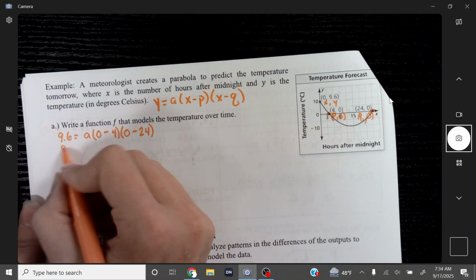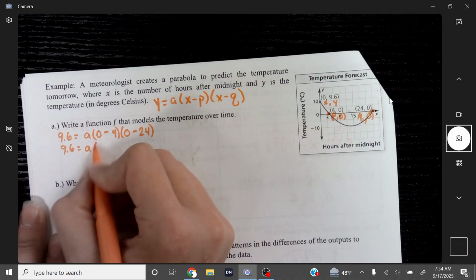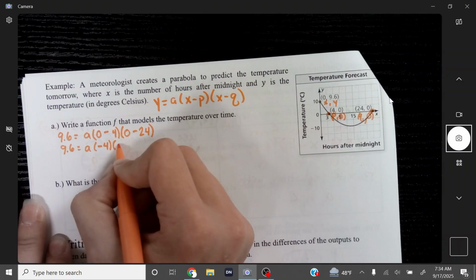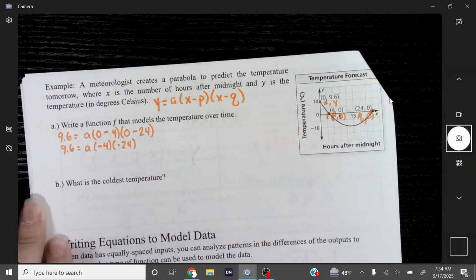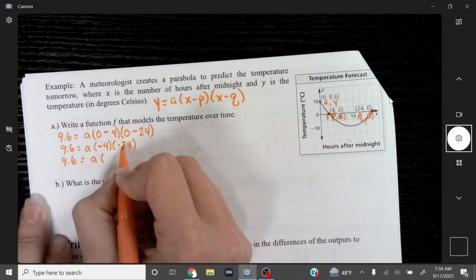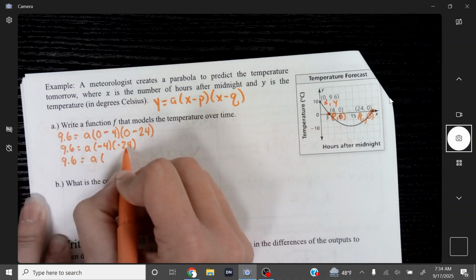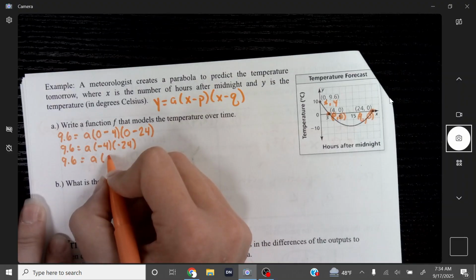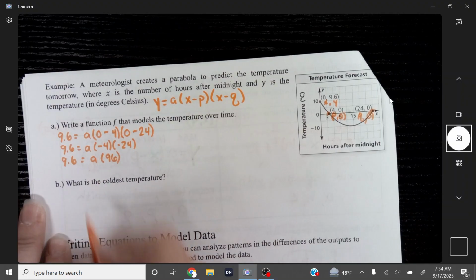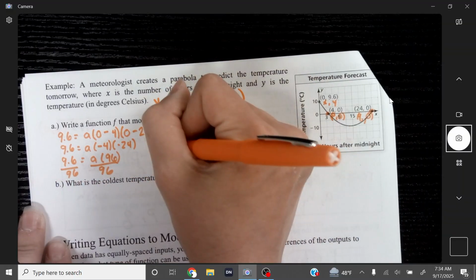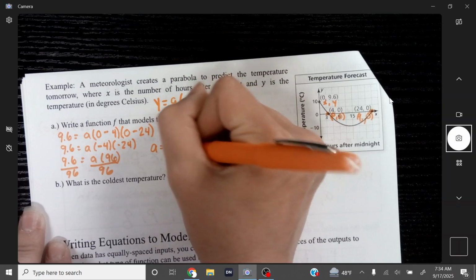So we've got 9.6 equals a times 0 minus 4, which is negative 4, and 0 minus 24 is negative 24. So I have 9.6 equals a times, these two together, 4 times 20 is 80, 4 times 4 is 16, so this is positive 96. To solve for a, divide by 96, we will have a equals 1/10.